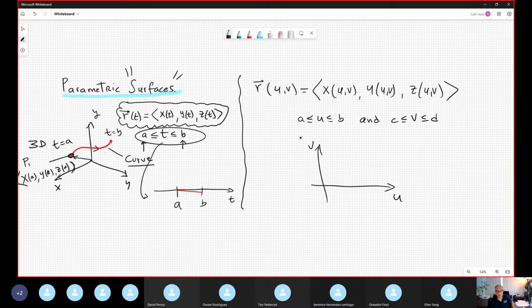Remember, this is the line T, this is the plane UB. You have a square or rectangle, maybe. This is AB and this is CD.